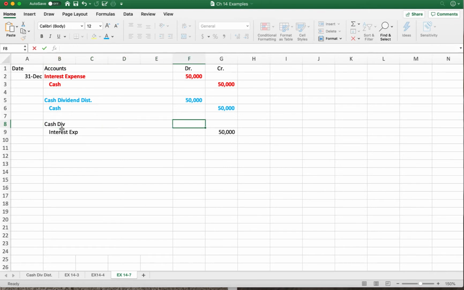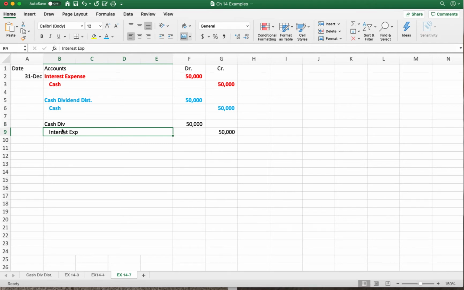So that's going to be our debit for $50,000. What we did here was take the interest expense away and put it into the cash dividends where it should have been. Okay. So this one in bold black, that's the correct answer. Now let's look at number 2.